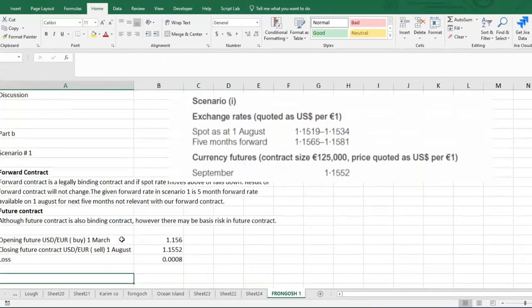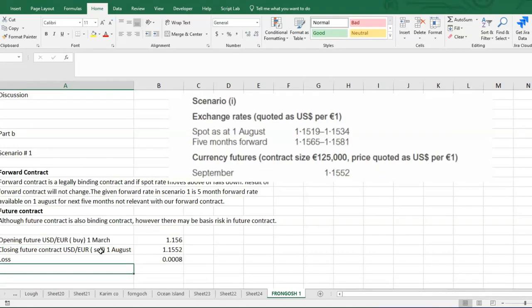Okay, on 1st March, if you have taken the buy position, on 1st August, definitely it would be the opposite position, sell position. अगर पहले buy किया है, now your position will be sell. So it is a loss.